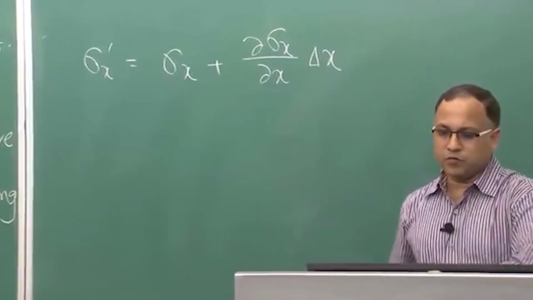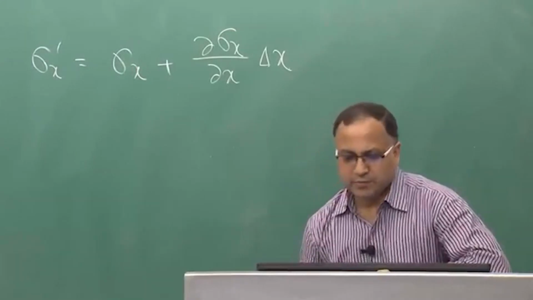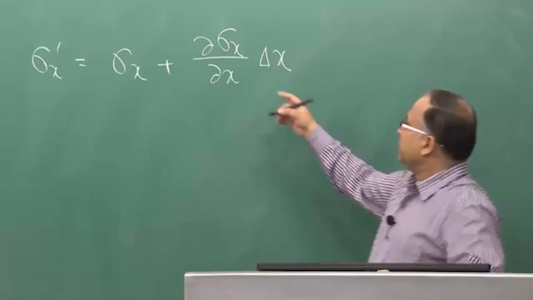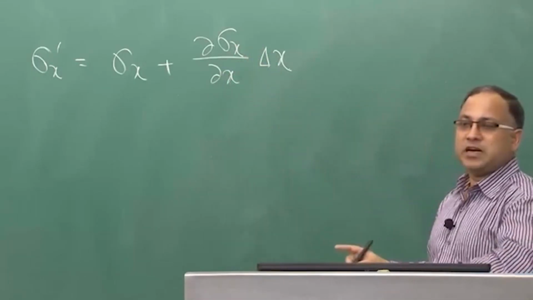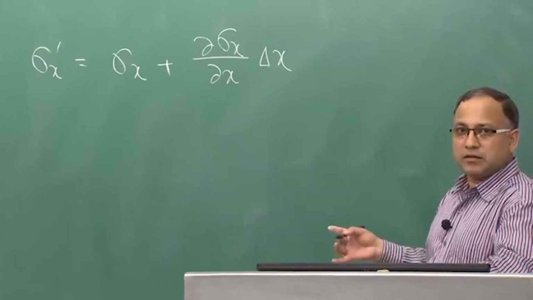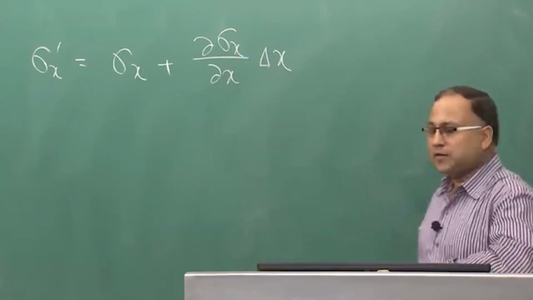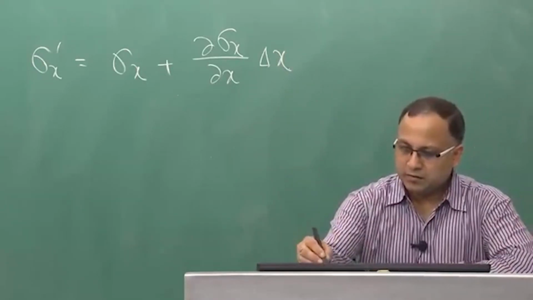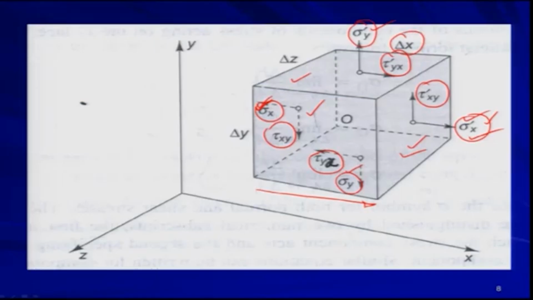If you come to this figure once again, we are defining sigma x prime as nothing but the sigma x that was there on the negative plane, and then from the negative plane to the positive plane you are moving. That is given by the directional derivative of sigma x with respect to the distance delta x. So, you are travelling by a distance delta x, right.